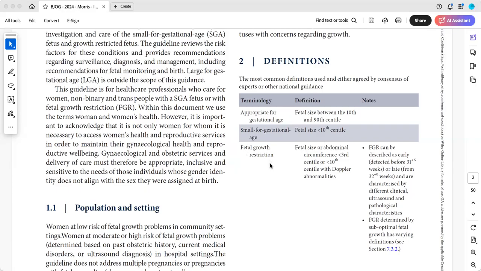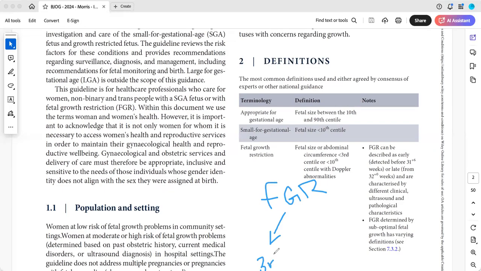Fetal growth restriction, FGR now, has specific criteria, and it's either one of two. What are the two criteria? I will call this baby a fetal growth restriction or FGR baby if this baby is very small, less than the third centile.